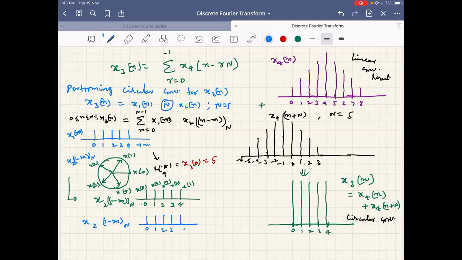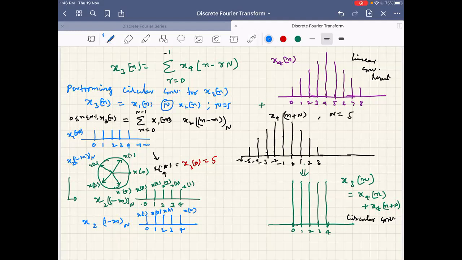But in x2 of 1 minus m, instead of starting from here, I will start from here, and then go in the reverse direction. So x of 0, x of 1, x of 0, and x of 4, and then x of 2 will come here.